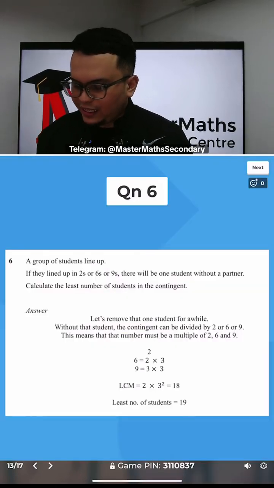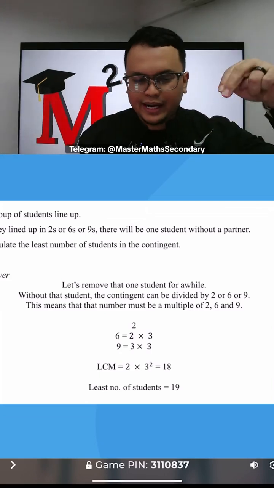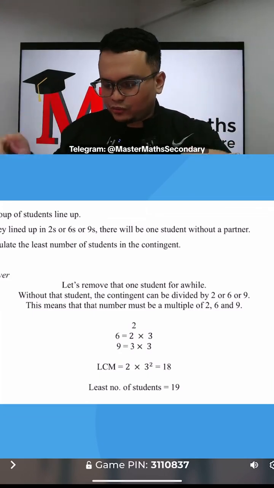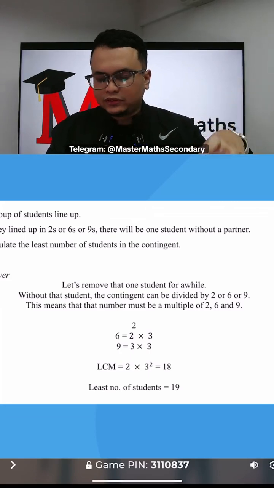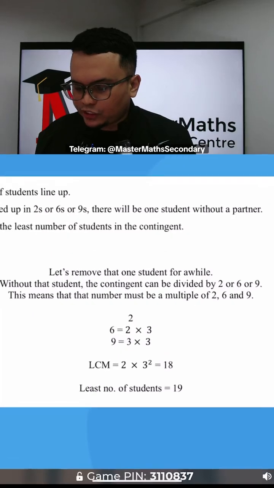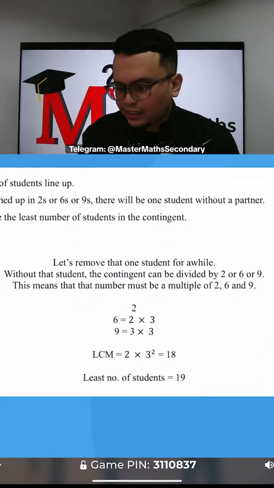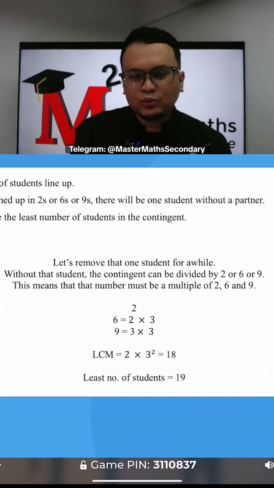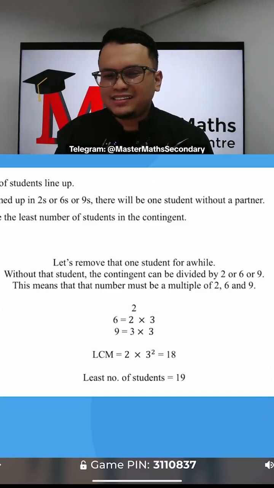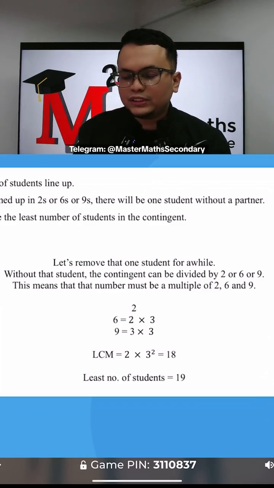Now let's see, to do this question, because there was this extra student when they grouped them in 2, 6 or 9, my approach is to remove that one student for a moment. Without that one student, the contingent can be divided by 2, 6 or 9, which means we have a multiple of 2, 6 and 9.